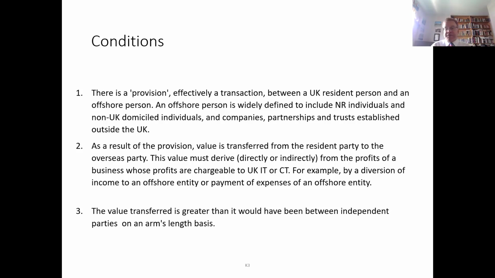This value must derive directly or indirectly from the profits of a business whose profits are chargeable to UK income tax, or by diversion of income to an offshore entity, or by payment of expenses of an offshore entity which are not commercially justifiable, because the value transferred is greater than it would have been between independent parties on an arm's length basis.